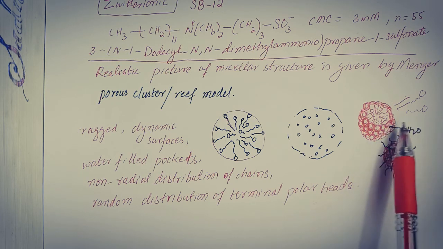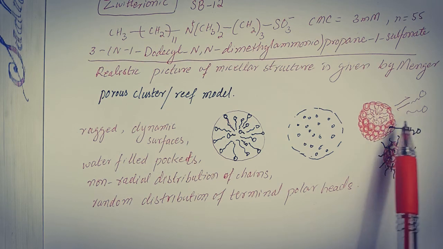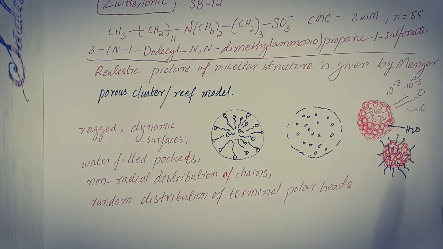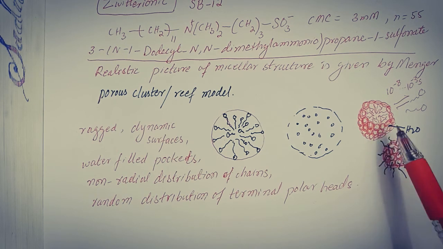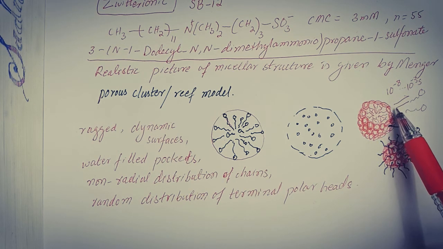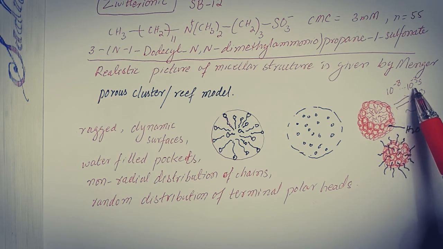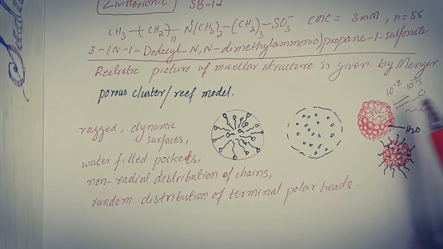So there is an equilibrium between the micelle and monomeric forms. At a time one monomer remains within the micelle for only 10 to the power minus 8 to 10 to the power minus 3 seconds, or 1 millisecond. After that it is replaced by another monomer, forming the micelle by distribution of new monomers.